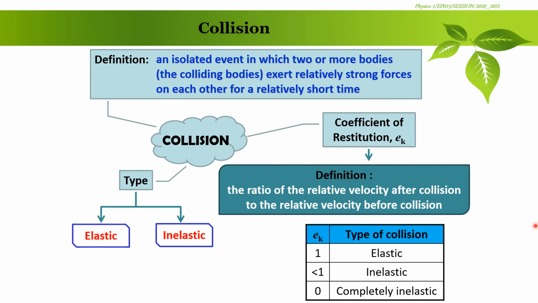There are three values of e_k which show different types of collision. When e_k equals 1, it is an elastic collision. When e_k is less than 1, it is an inelastic collision. When e_k equals 0, it is a completely inelastic collision.